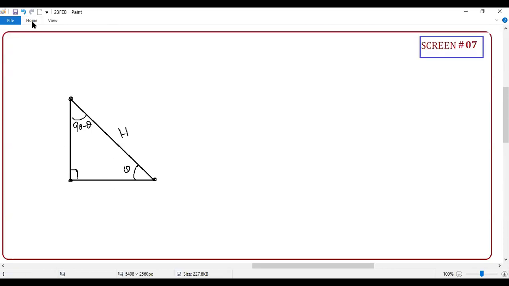Anyone can tell me what is sine theta here? If I name the vertices A, B, C, what is sine theta? Sine theta equals opposite by hypotenuse. What is the opposite side, sir? This is my opposite, AB.